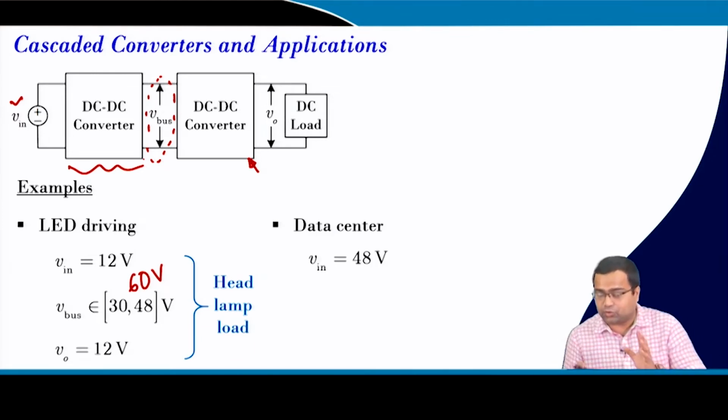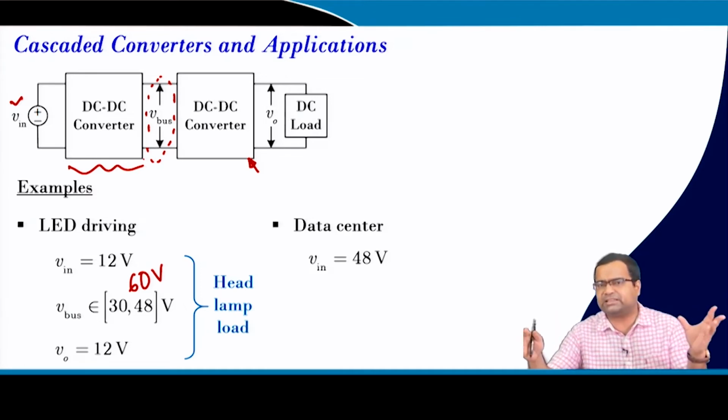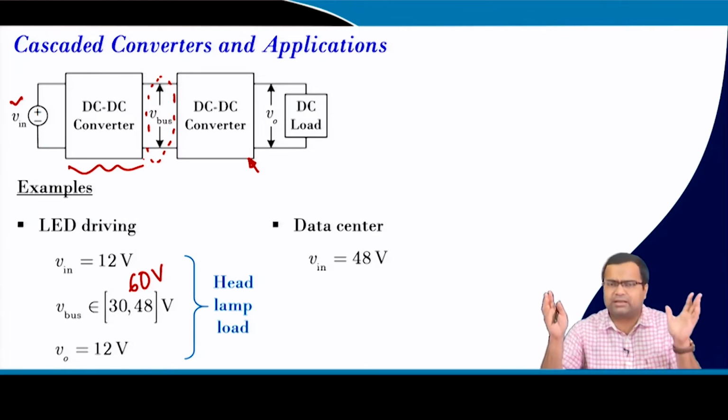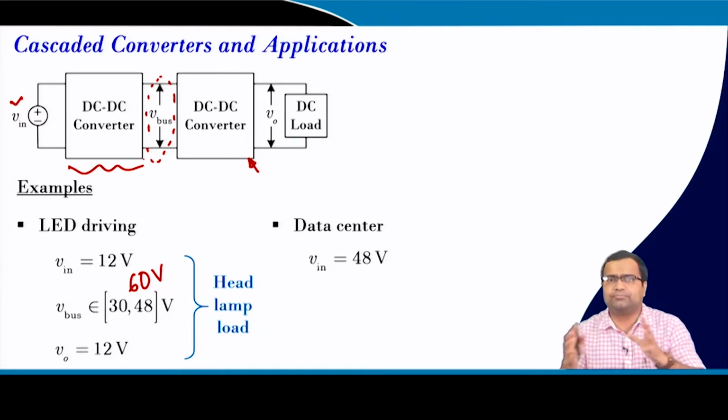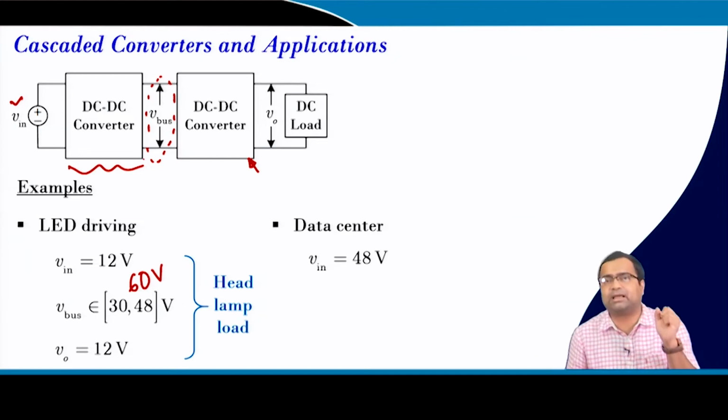Another application is the data center. In fact, this is also true for most of the telecom sector. They have a 48 volt power supply, and in telecom there are multiple loads, like a processor load and communication devices, and their voltage can be a few volts, like 3.3 volt, 5 volt, or even roughly around 1 volt for the processing application. So, going from 48 volt to such low voltage in a single stage, sometimes it is difficult to use a single DC-DC converter.